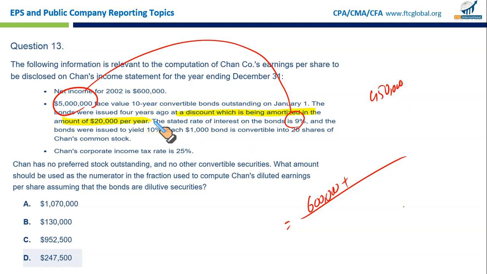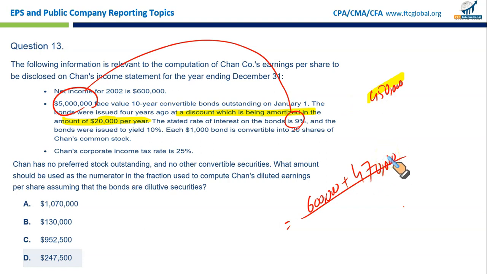So they are clearly using straight line amortization rather than the effective interest amortization. So under this straight line amortization, interest expense is interest paid plus the discount amortized. So the amount you're going to add back to the net income is 450 plus 20, 470.